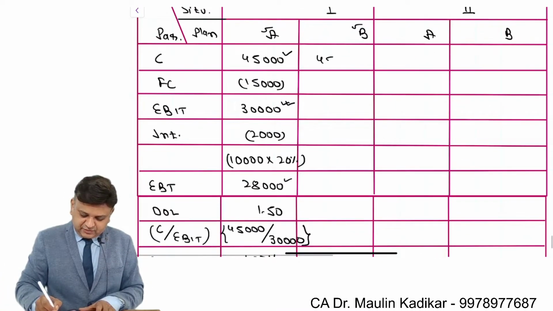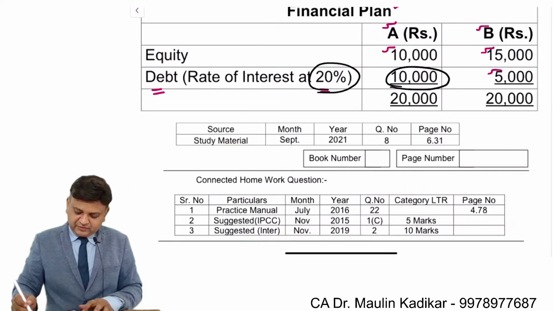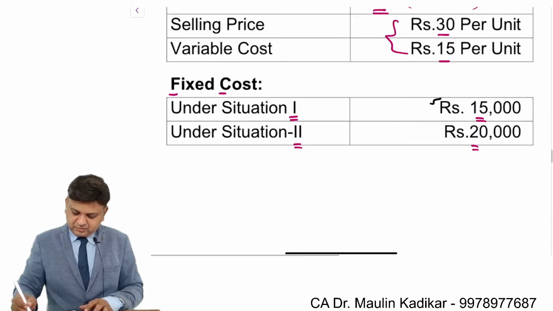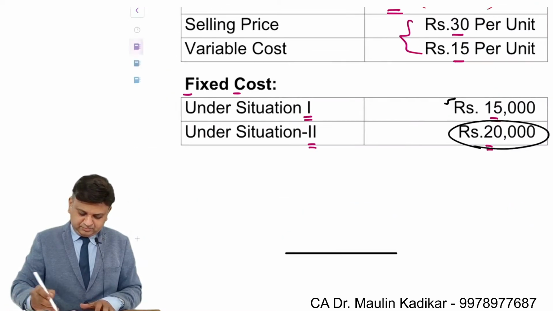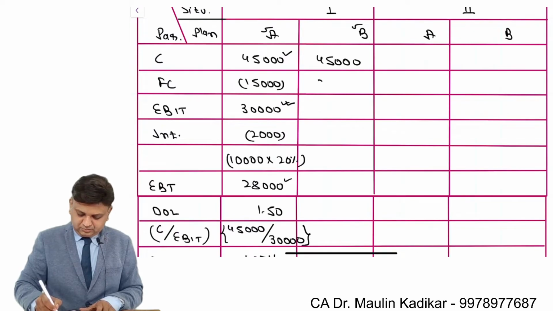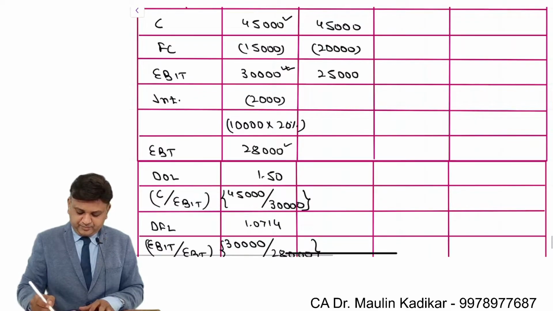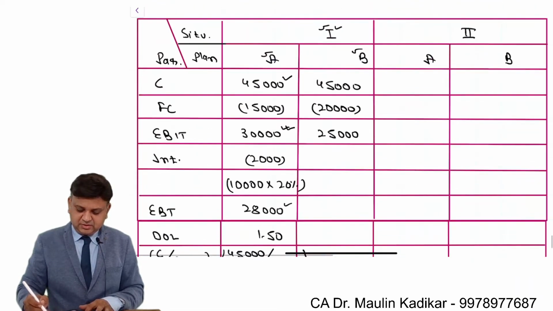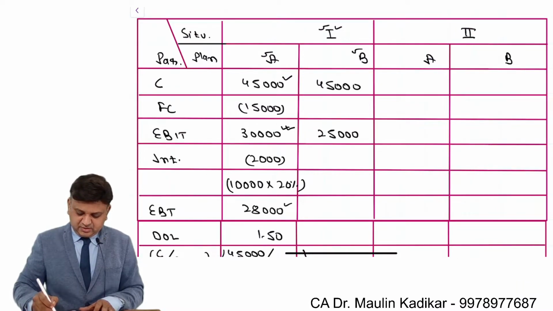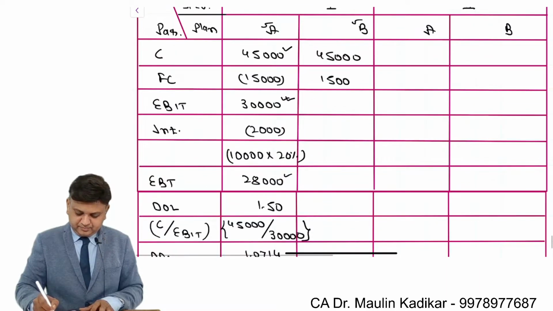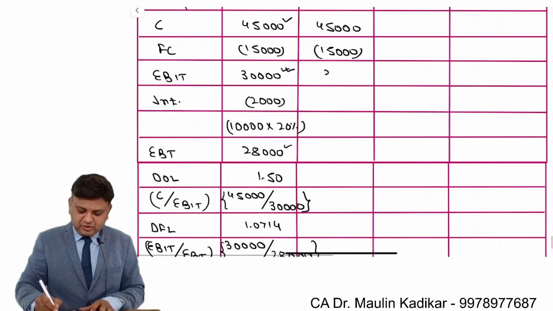Contribution is again 45,000. The amount of the fixed cost is 20,000, so it is 25,000. Amount of interest in case of plan, oh, I'm sorry, we are in situation number 1, so the fixed cost will remain same and EBIT will also be same.